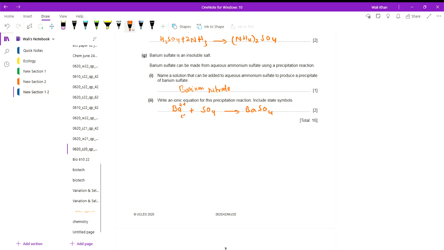Sulfate is 2 minus, also in aqueous state. Then barium sulfate is a precipitate, it is a salt, okay. So you will get its ionic equation.